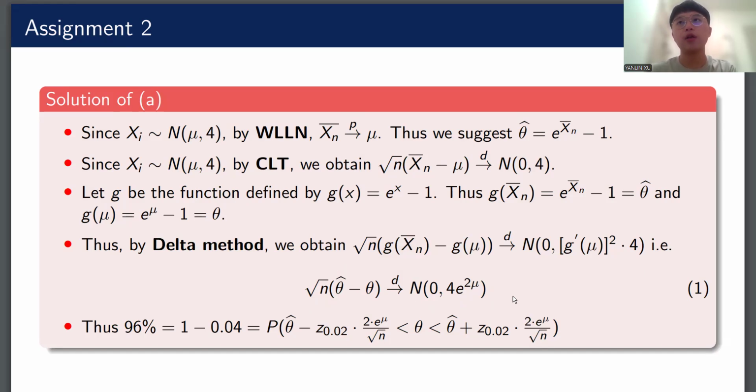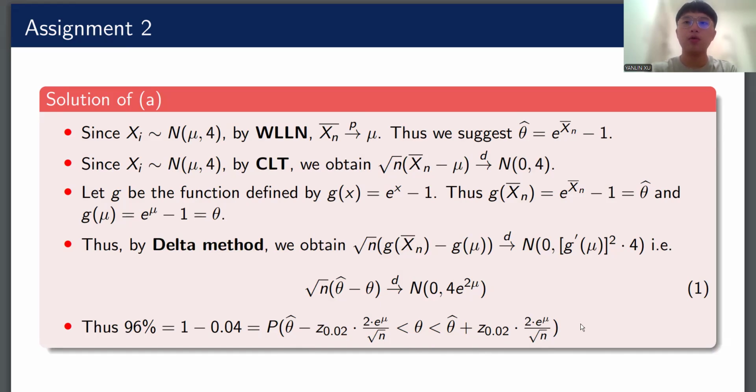And by the normal distribution's properties, we can conclude that 96%, which is equal to 1 minus 0.04, is equal to the probability of this result. But we have to know that there is an unknown parameter mu here and here.